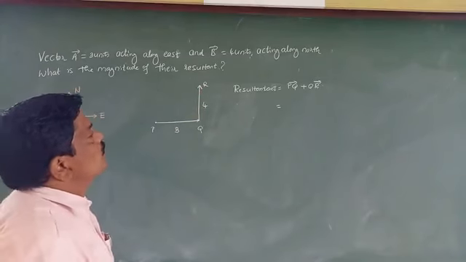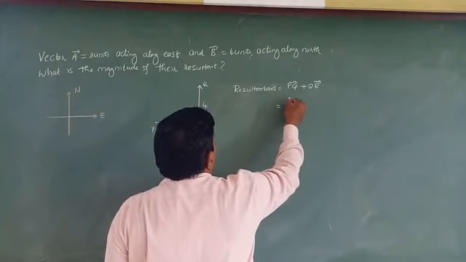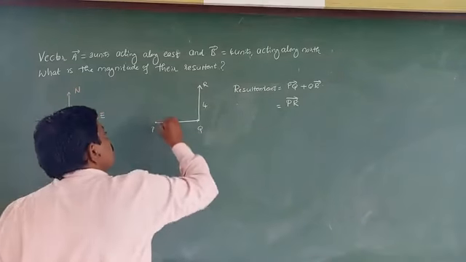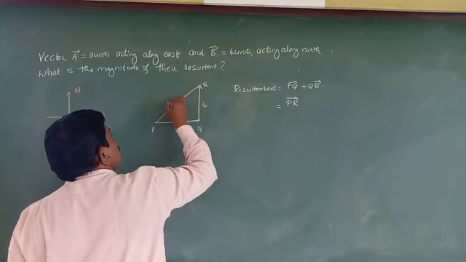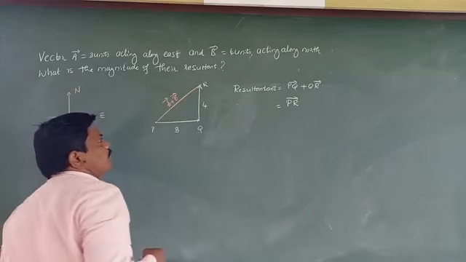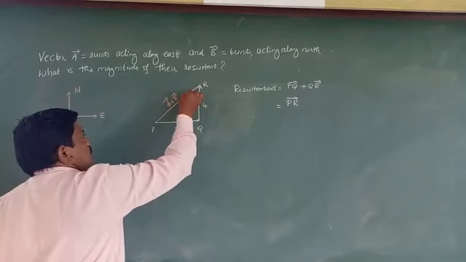So vector PQ plus vector QR we can write as vector PR. Vector PR is the resultant of these two, that is vector A plus vector B, with the third side taken in reverse order.